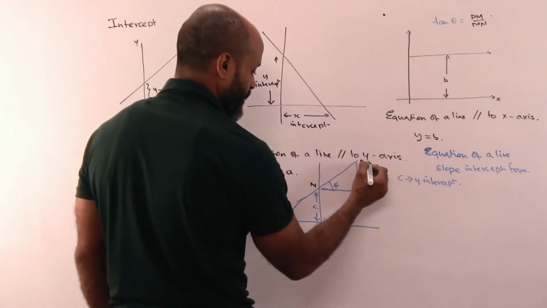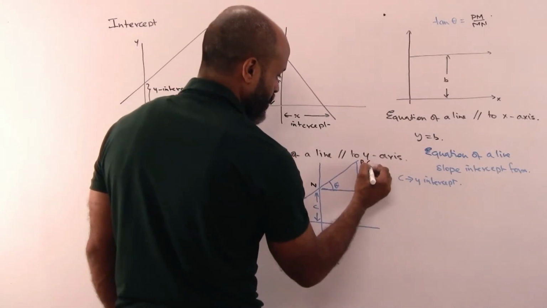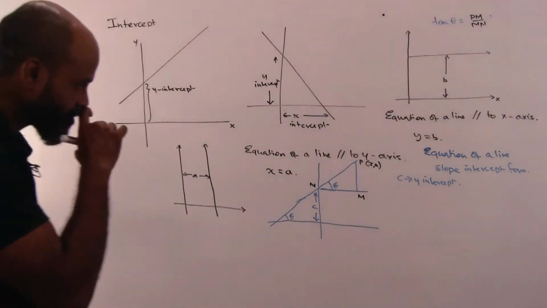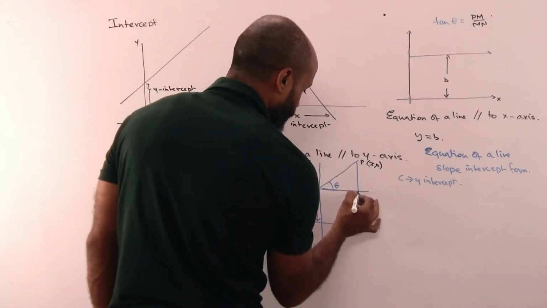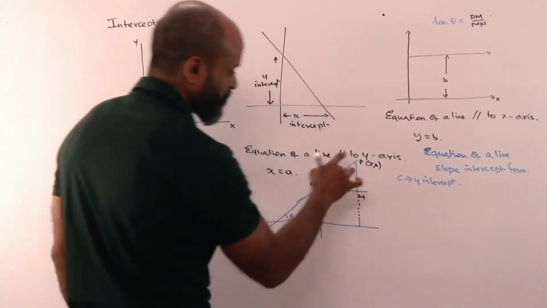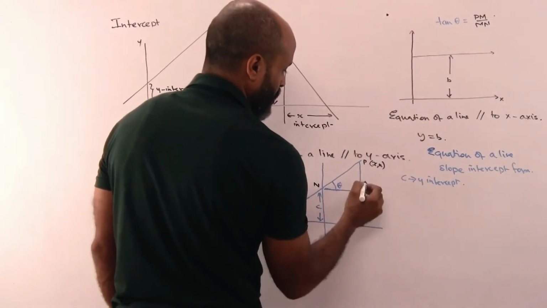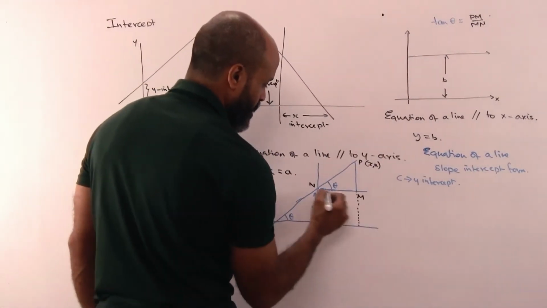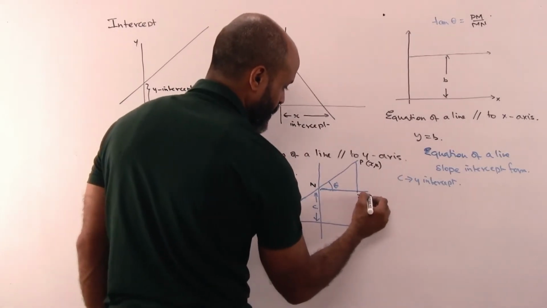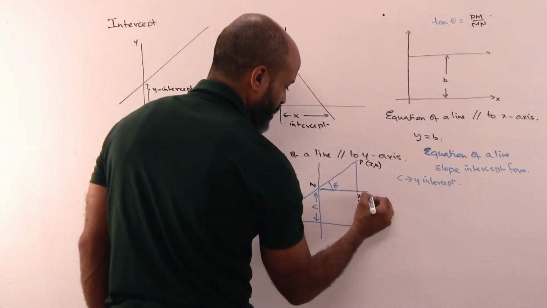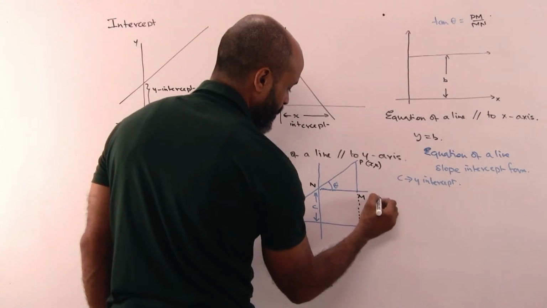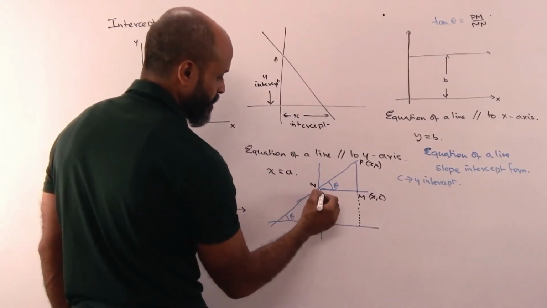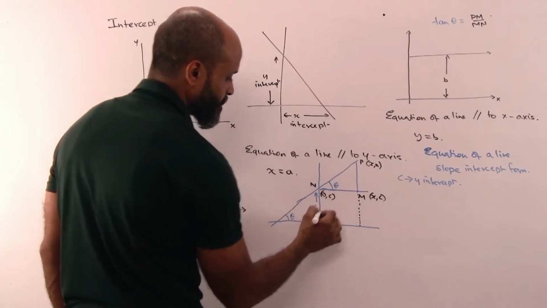So let's say the point is x and y. What will be the coordinates of M? Obviously this is c, so this will be 0 and c.